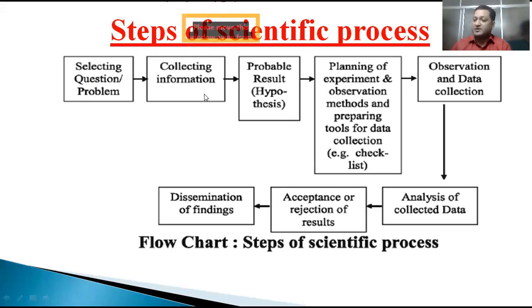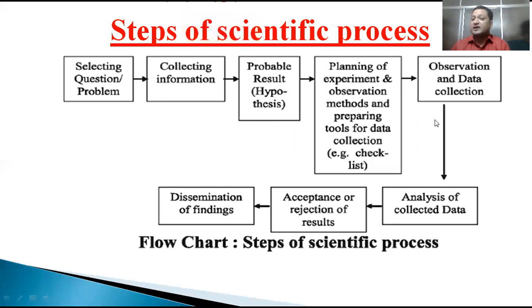Then collecting information. According to the question or problem, you have to collect data from anywhere. Then probable result or hypothesis. When you are collecting information, most probably you will get some idea. That's called a hypothesis.